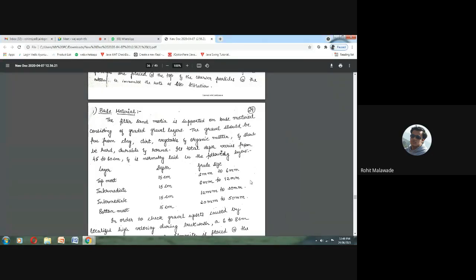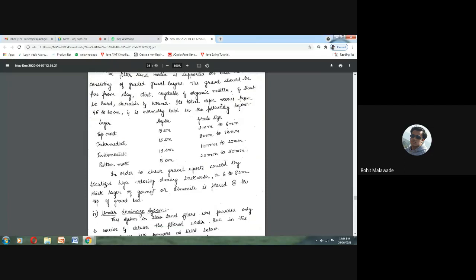We divide it as 2 mm to 6 mm at the top with 15 centimeter, then 6 mm to 12 mm at the intermediate, and again 12 to 20 mm at the bottom, and the bottommost we are going to have for 20 to 50 mm. So this is how we are going to have the classification of your filter base material, that is the coarse aggregate that we are going to use.